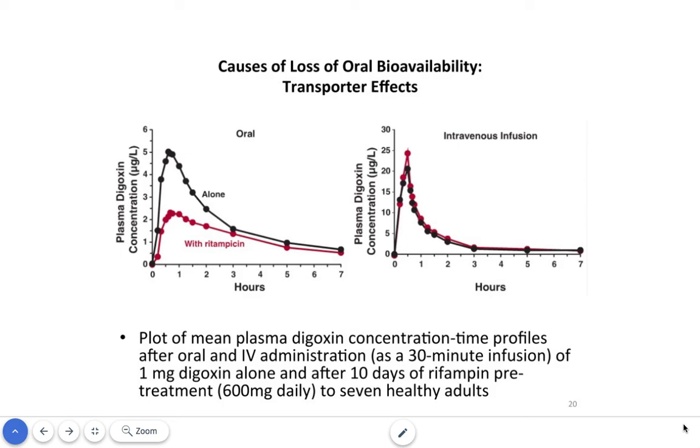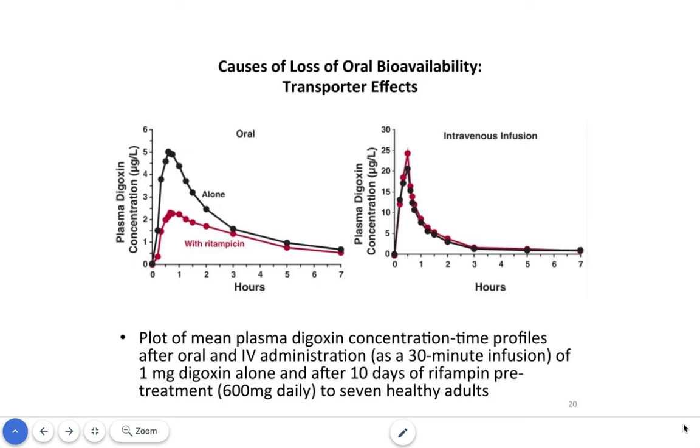Additionally, let's explore the influence of transporters on bioavailability. Here's an example, a comparison of oral absorption showing how rifampicin pre-treatment can have an impact on the absorption of digoxin.